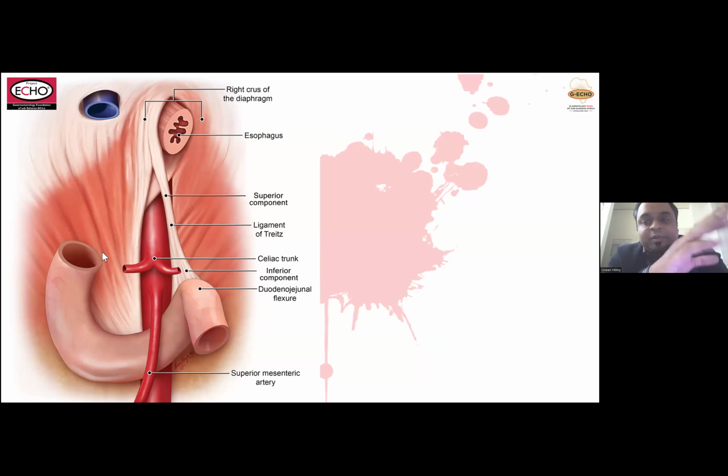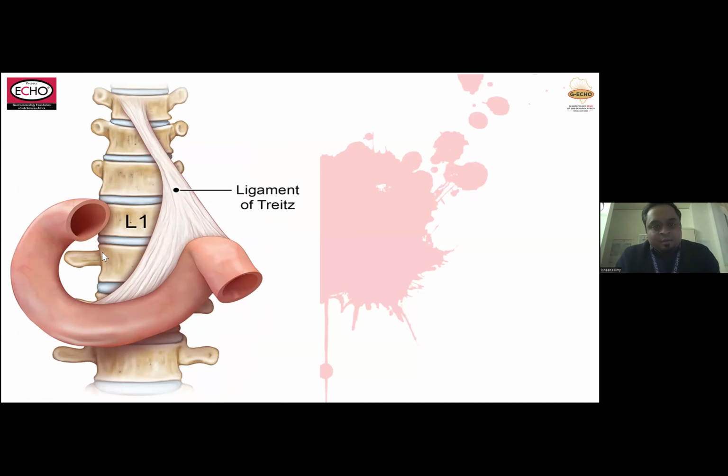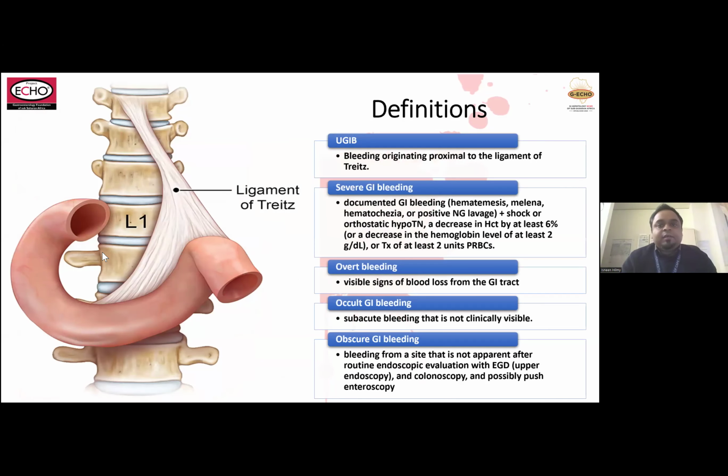And the superior component is basically a skeletal muscle which arises from the right crus of the diaphragm at the level of the esophageal hiatus. And so the upper GI bleed is where you have bleeding proximal to this ligament.